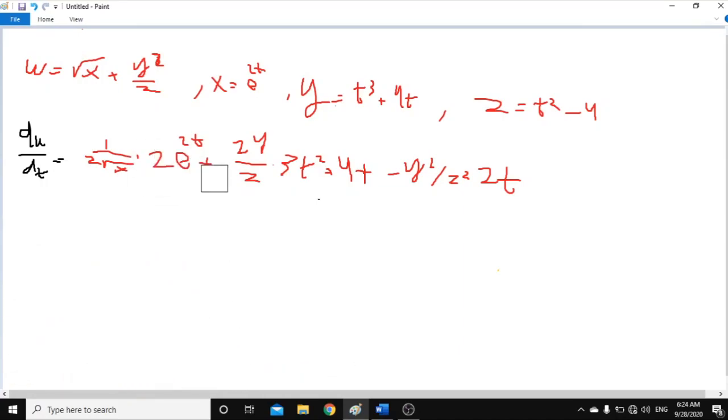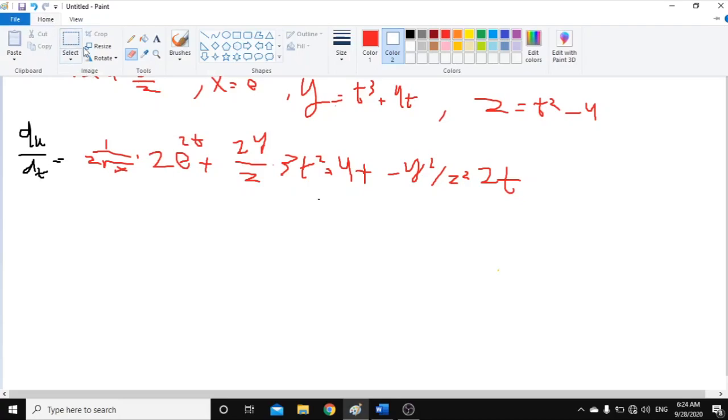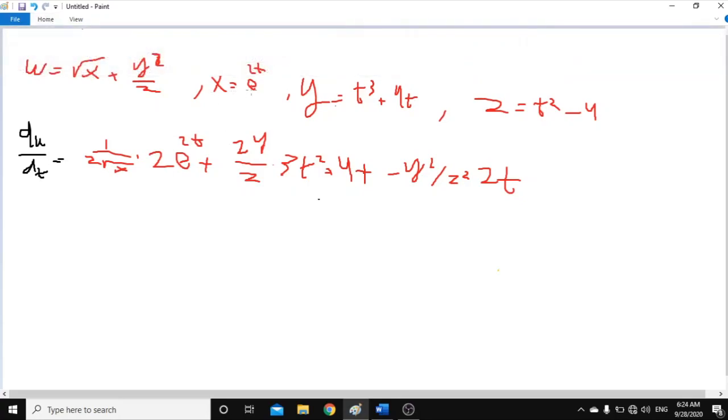One last thing you can do: the equation told you that x is equal to e to the 2t, y is equal to t cubed plus 4t, and z is equal to t squared minus 4. Every x, y, and z in the final answer can be substituted with the x, y, and z from the original function. Don't forget that the 2's can be cancelled.